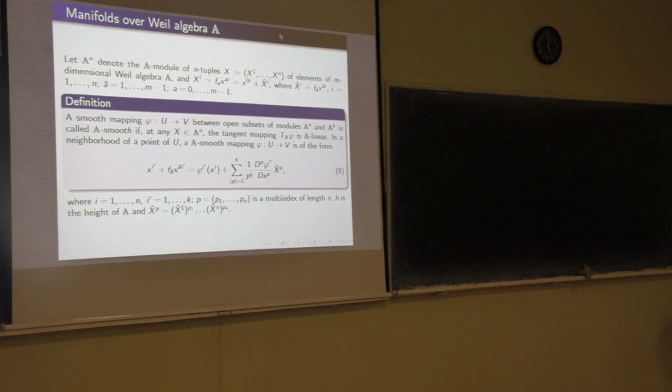I recall the notion of an A-smooth mapping. An A-smooth mapping is a mapping between two modules, AN and AK, such that the tangent mapping is A-linear. In coordinates it has the following form.